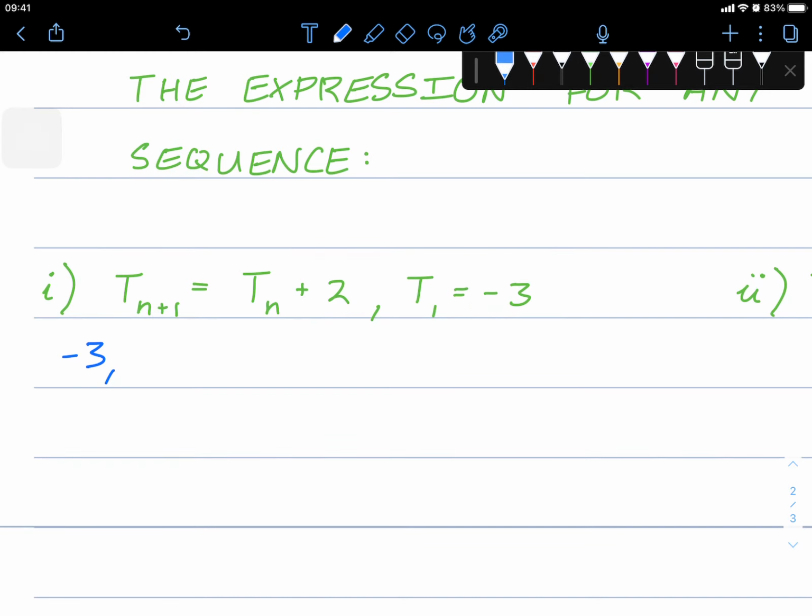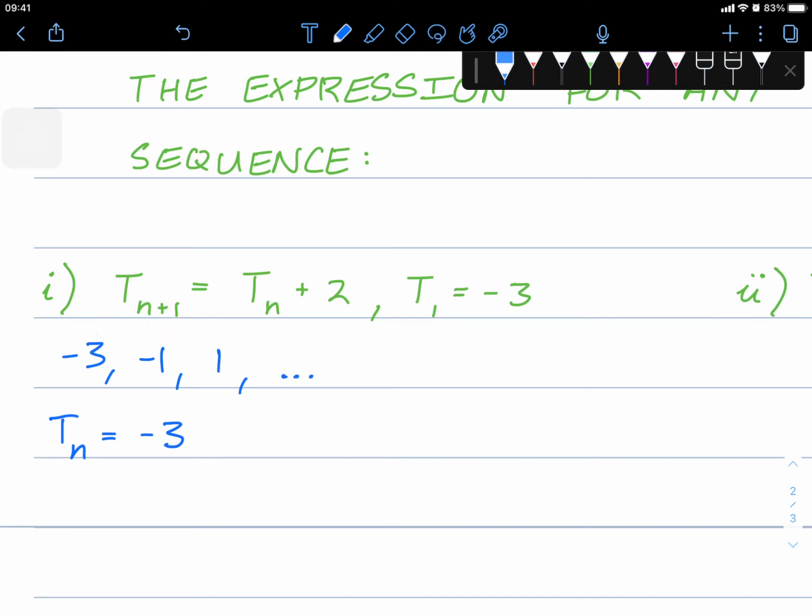Well, -3 plus 2 is -1. -1 resubstituted plus 2 is 1. That's enough for us to make a progression. And I hope you quickly saw that it's just going up by 2, so it's an arithmetic progression.